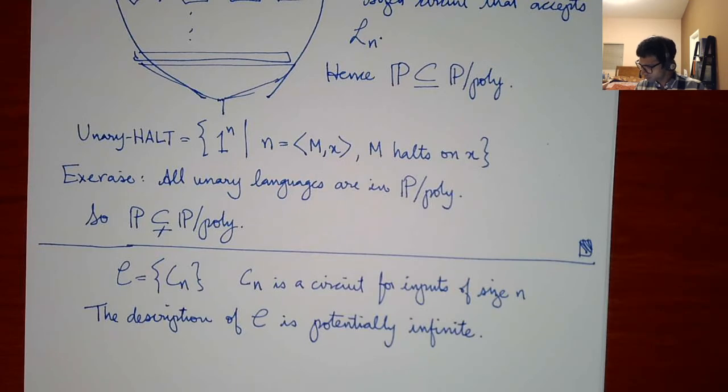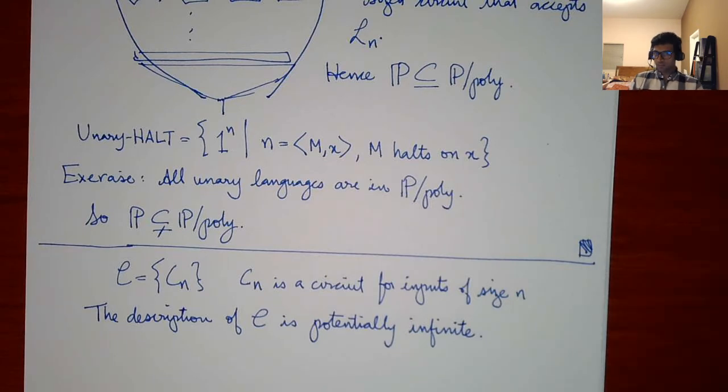So for unary halt, is the idea that you can encode an m and an x, and that results in some number n, and then there will always be some circuit in some circuit family that will compute whether n is the right number or whether it has the right number of ones? No. It's even simpler.